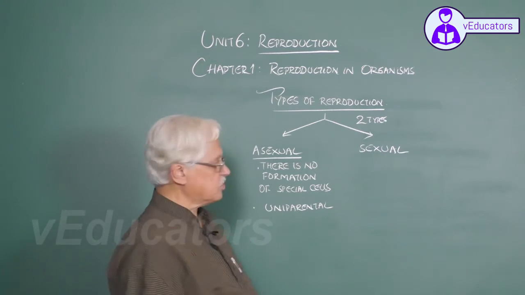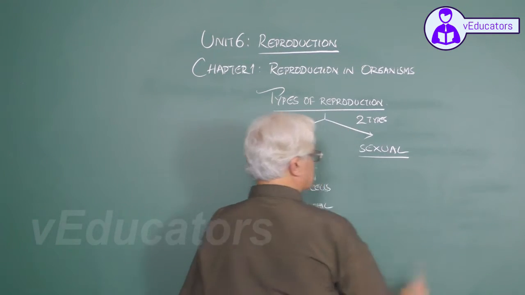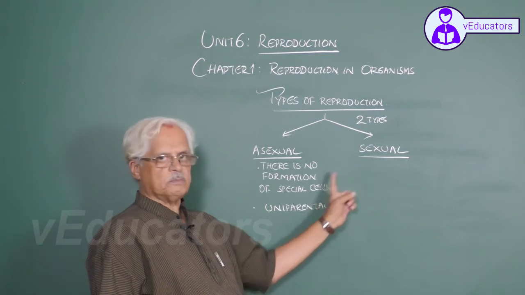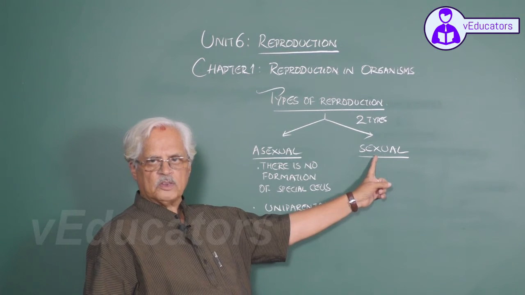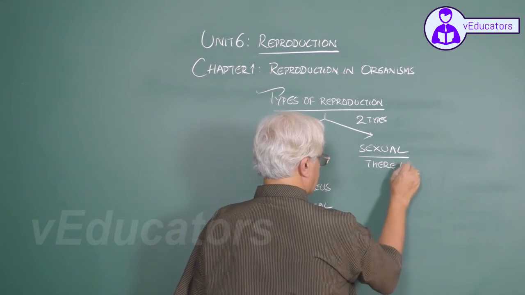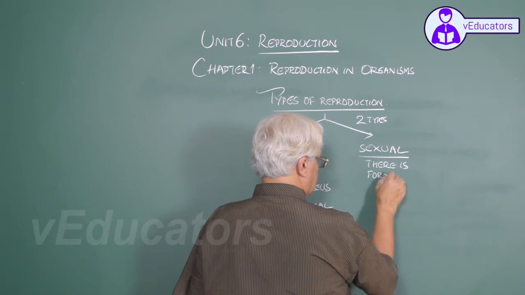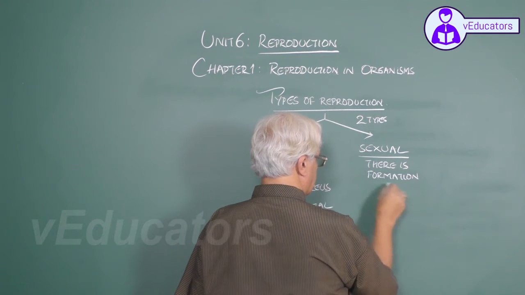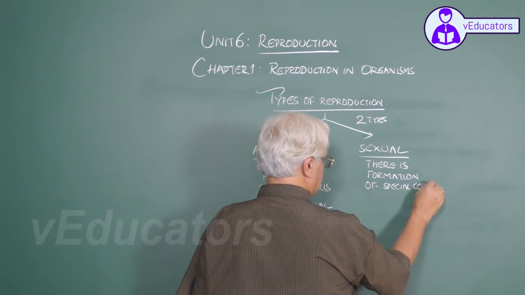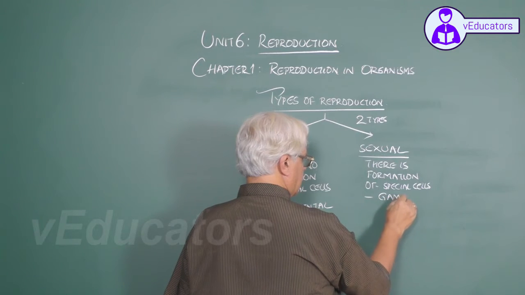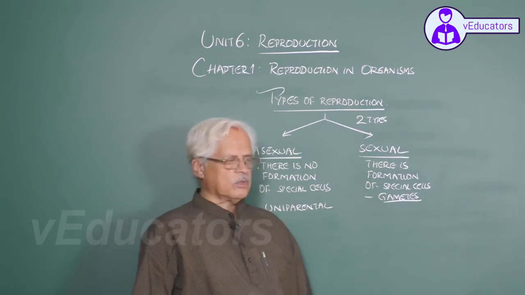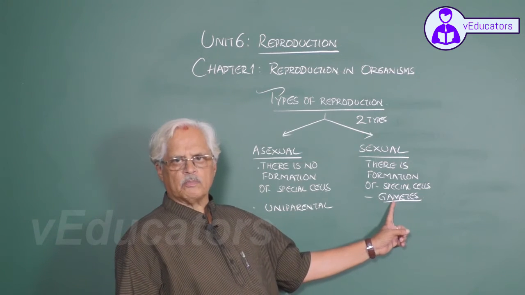What is then sexual reproduction? Sexual reproduction is that process where there is formation of special cells, and these special cells are called gametes.